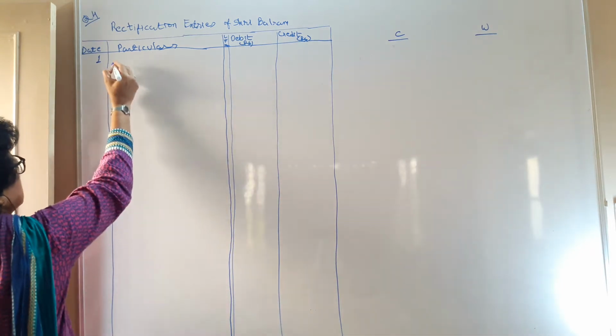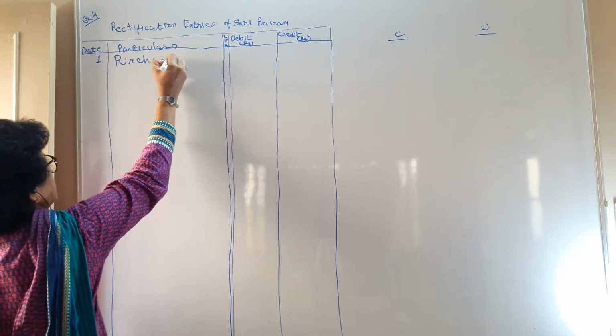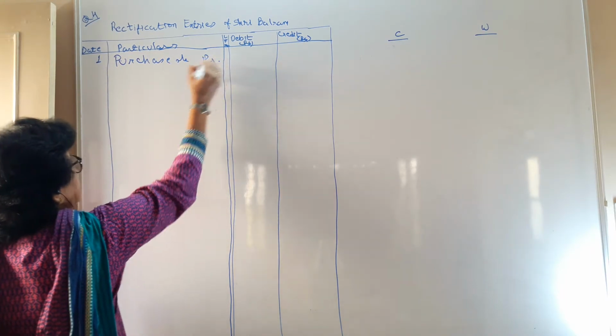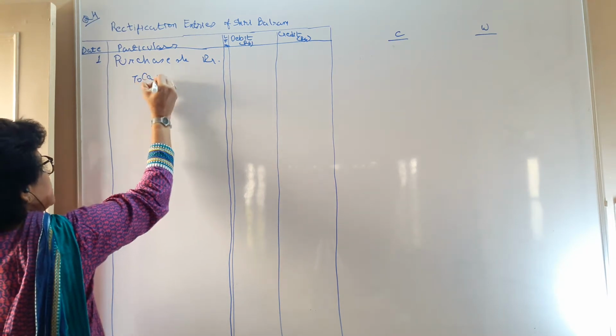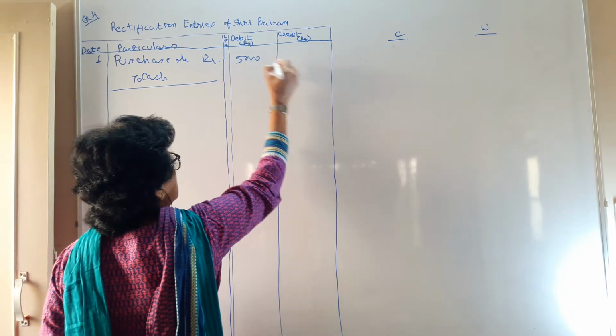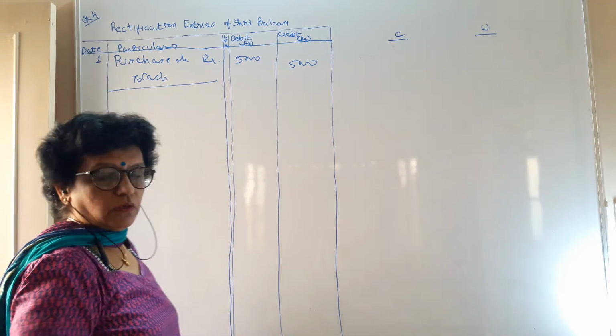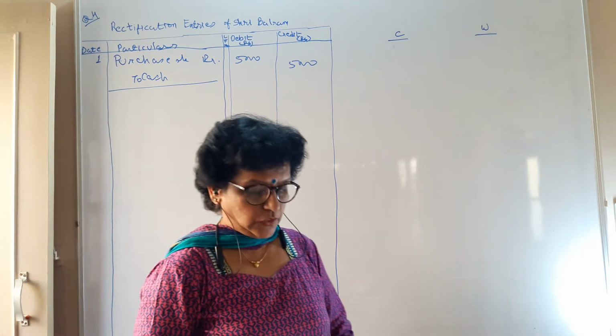Simple. Purchase account debit to cash, because the name of the party is not given, it is a cash transaction, so to cash, being rectification entry for not recorded goods purchased.